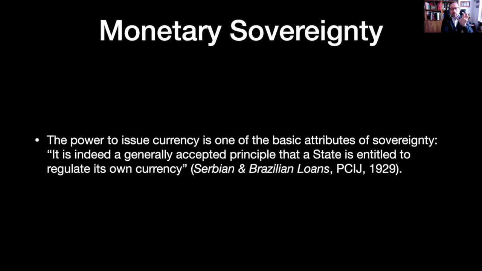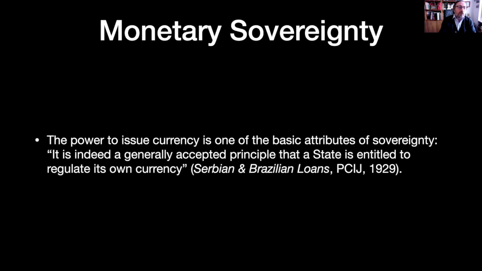So there's a generally accepted principle that a state is entitled to regulate its own currency. Adapting it to modern times, you would think that the Eurozone is entitled to regulate the euro as the United States government is entitled to regulate the dollar, etc. You can think of any international currency.